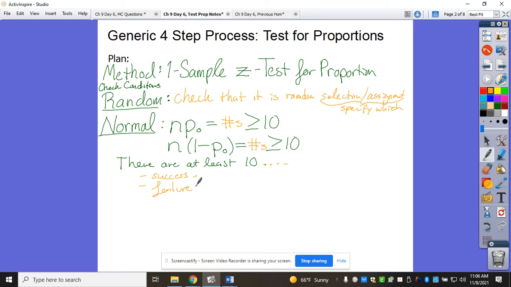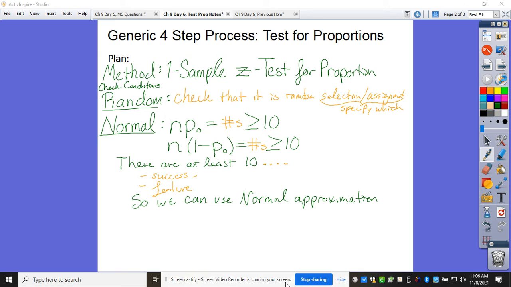And then I finished that with, what did you guys say? We can use normal approximation. What's my last condition? Independent. Is anything going to change there? No. So after I write independent, now I write what? 10% condition.